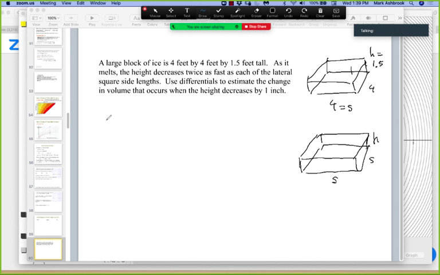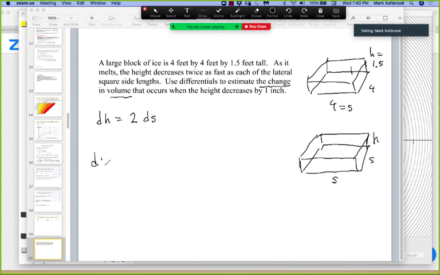All right, so that would mean that dH equals what? 2dS. Does it equal dS? 2dS, right? So for any change you have in S, your change in height would be twice as much, okay?